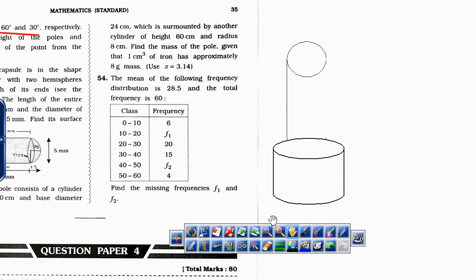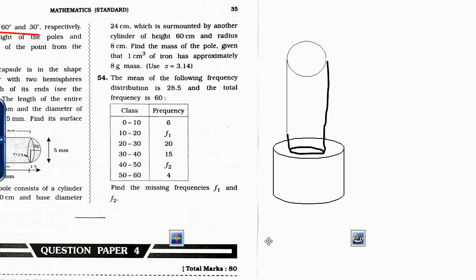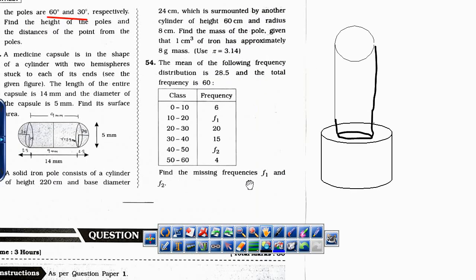सिलेंडर के ऊपर सिलेंडर और कुछ नहीं. ऐसा कुछ. The dimensions of the two cylinders are different.